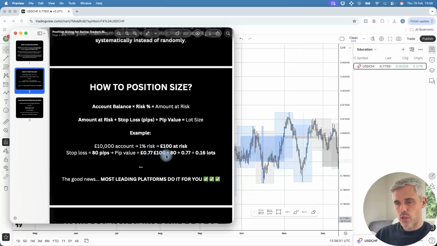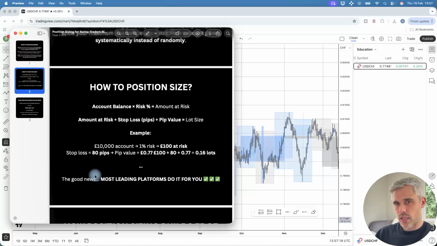You do £100, which is the amount at risk, divided by 80, the number of pips, divided by the pip value, 0.77 pounds, 77p. That returns a figure of 0.16 lots. So when you place this specific trade, that's how many lots you are placing to ensure that you're only risking 1% of your account.